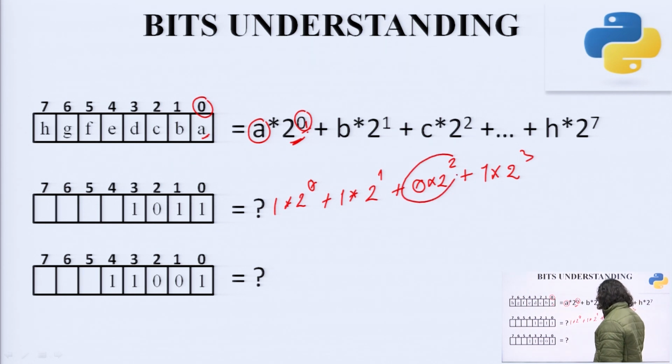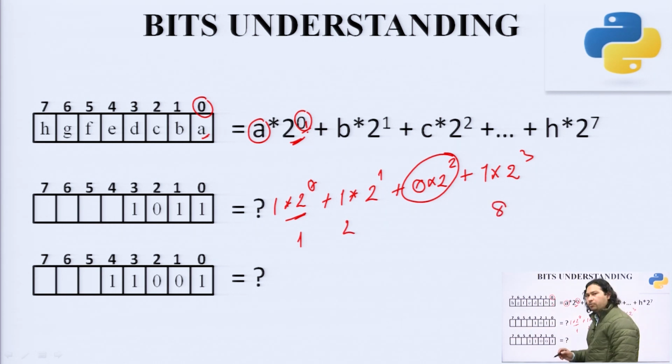Now, 0 becomes 0. Here the answer is 1, 2, and here it is 8. 8 plus 2 plus 1 gives you 11. So, it is the binary representation for 11.